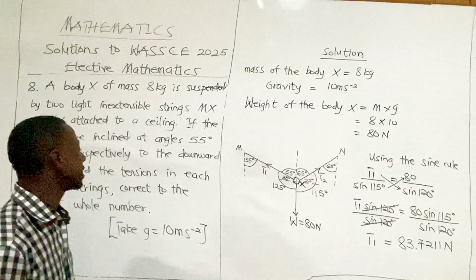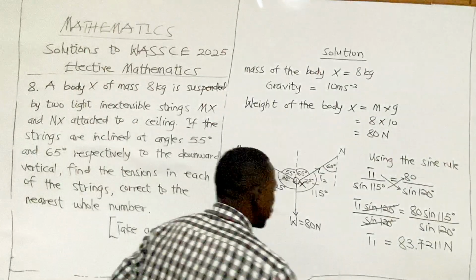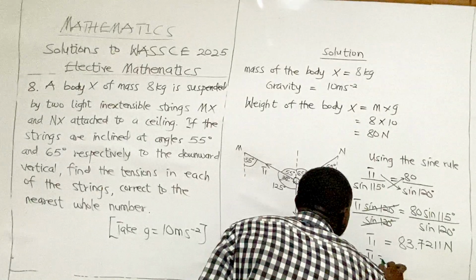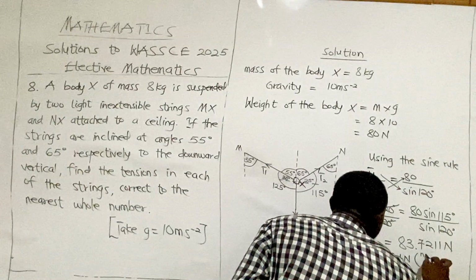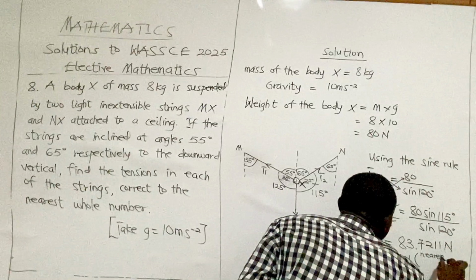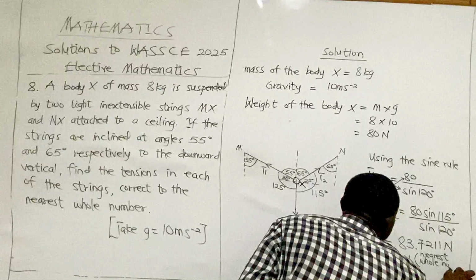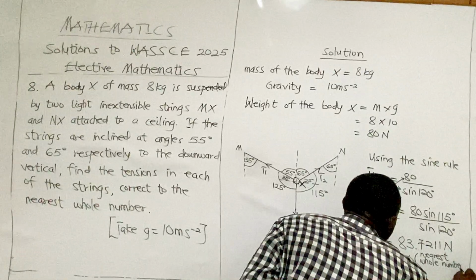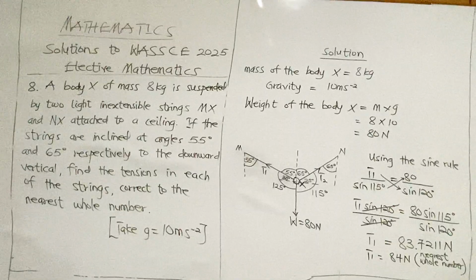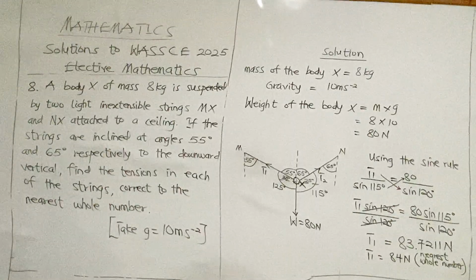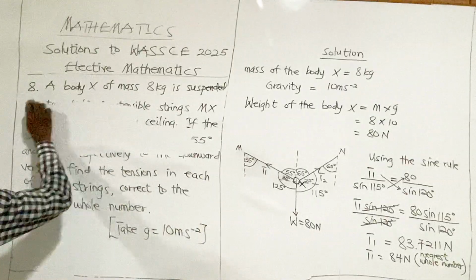But the question said correct to the nearest whole number, so we have T1 to be 84 newtons, to the nearest whole number. The next part is T2, the second tension.